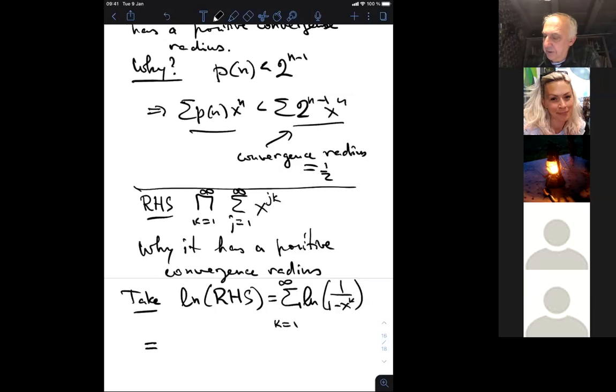So log of the inverse is minus log, so we get minus sum k from 1 to infinity log of 1 minus x power k.